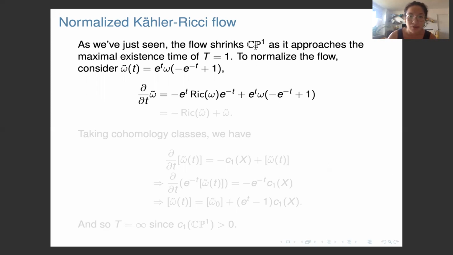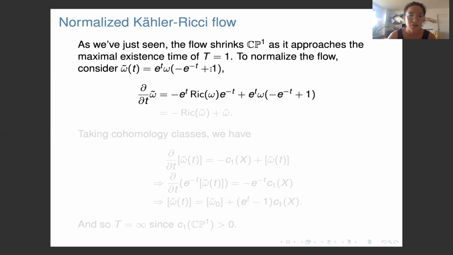And so what we can do to normalize it is to consider this normalized flow omega tilde of t, which we'll define as just being a slightly scaled version of the original metric. So we're going to scale by e to the t times omega, and then the time input we're going to change to negative e to the negative t plus 1.